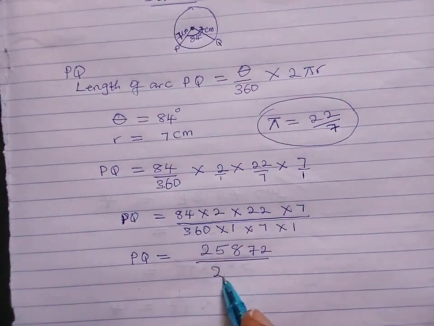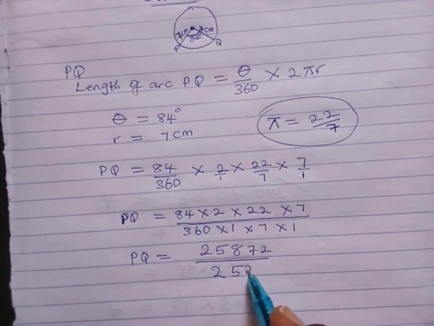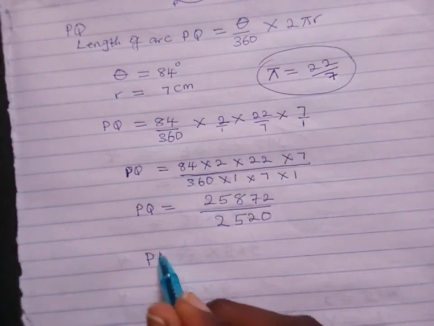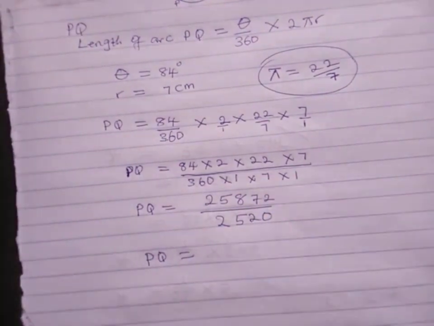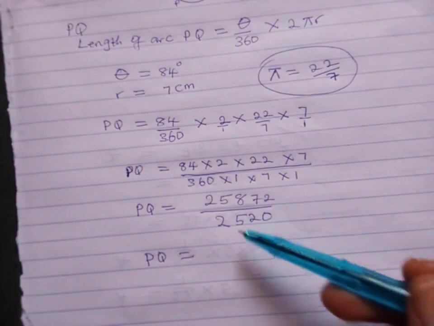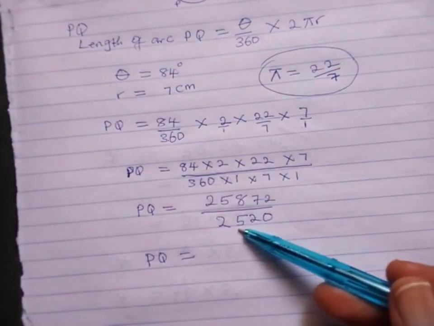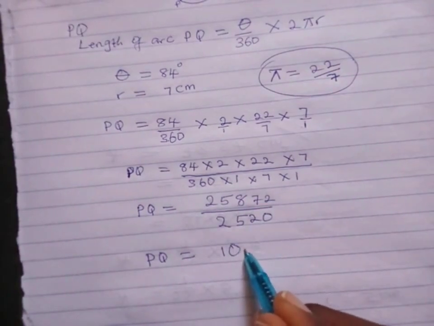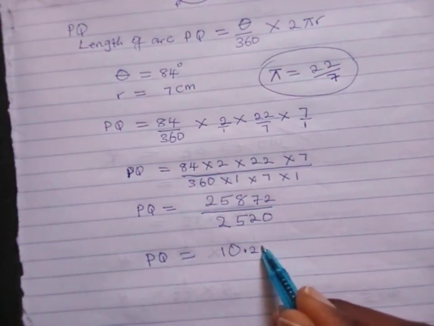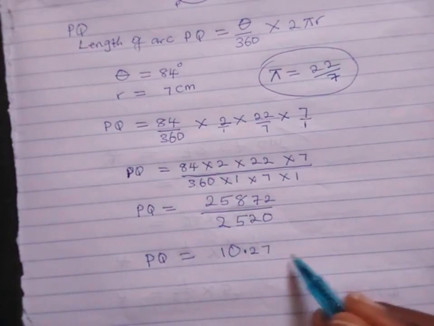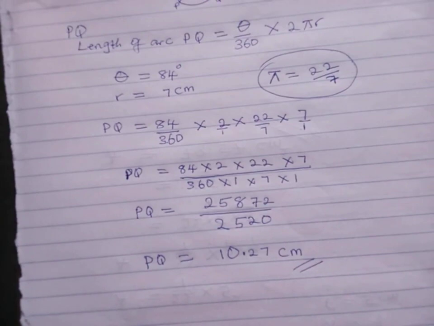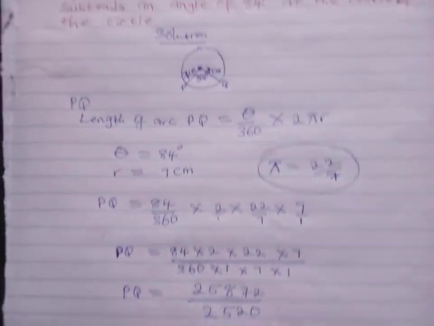When you multiply out, you have 2520. So my PQ would divide through. When you do that, 25872 divided by 2520, your answer will be 10.27 approximately centimeters. So this is how to calculate the length of an arc of a circle.